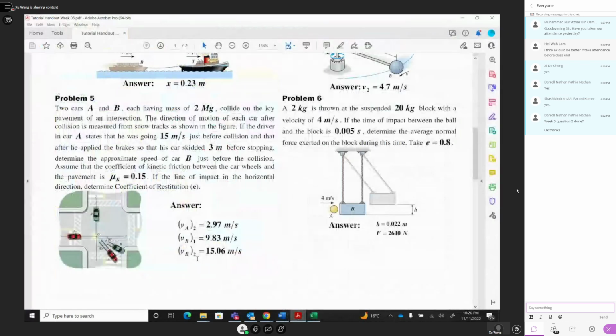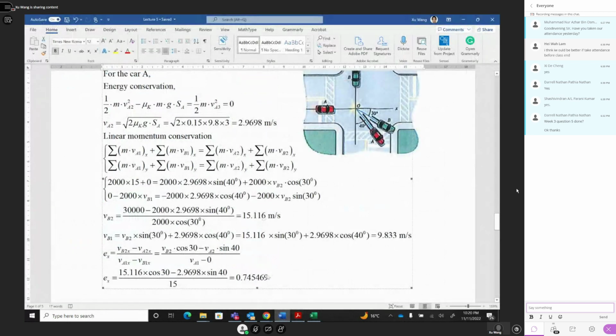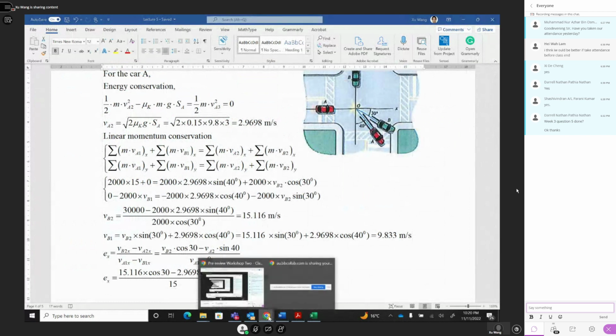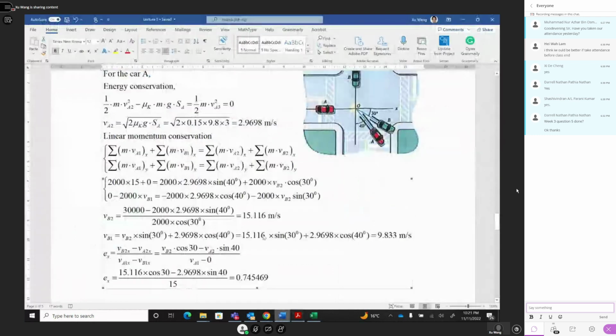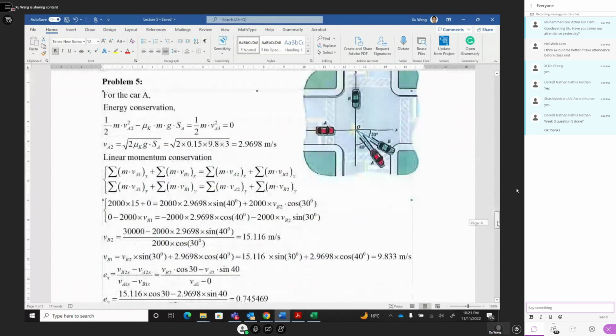VB2 50.06, I get 15.116. Little bit difference. Okay, little bit difference, because of decimals. And VA2 2.997, and what I get is 2.969. We get the same results. Okay, that's how you do this calculation.